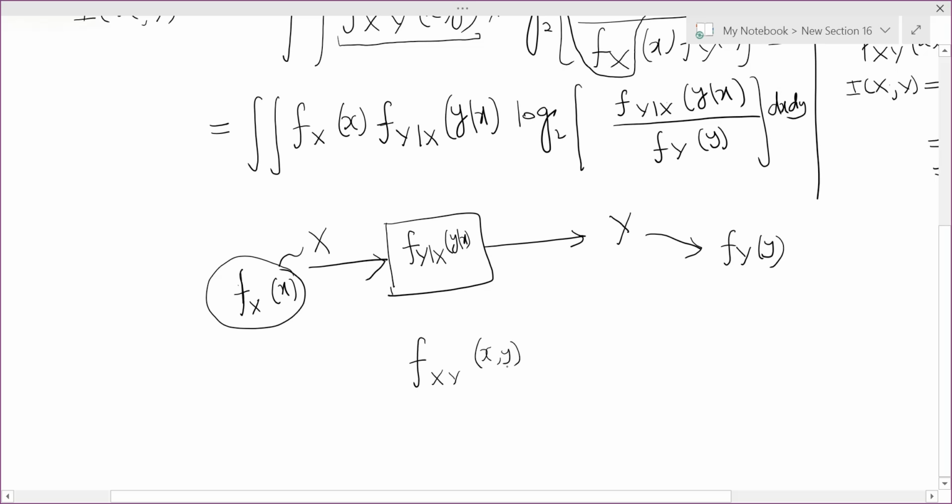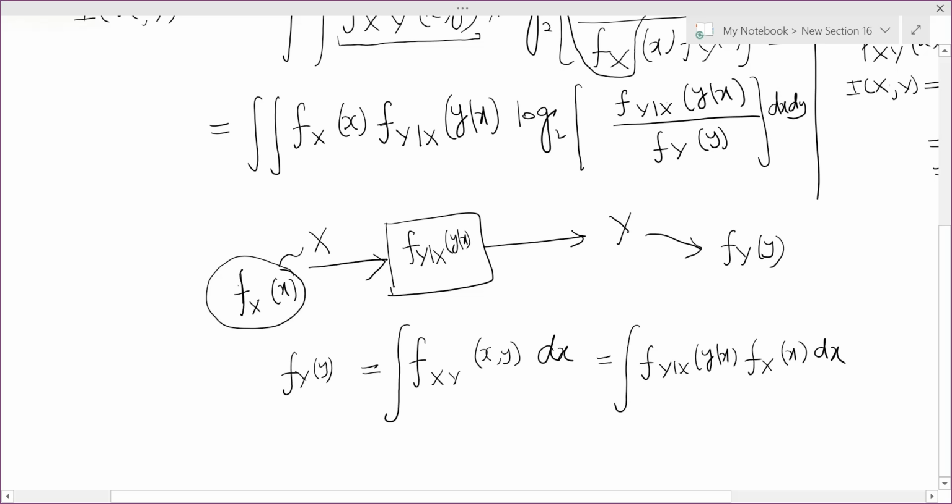If I want the marginal distribution of y from this joint distribution, what should I do? In the continuous case, I should integrate it with respect to x, right? I will get fy of y. Or I can also write the joint distribution as f of y given x times fx of x dx.